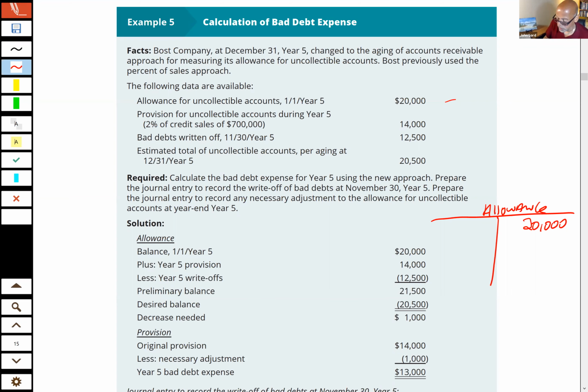It says, well, look, my experience tells me that 2% of my credit sales will be uncollectible. So as I make the sale, I am going to go ahead and debit my bad debt expense for $14,000, and I'm going to credit the allowance. And they're doing that as they make the sales.